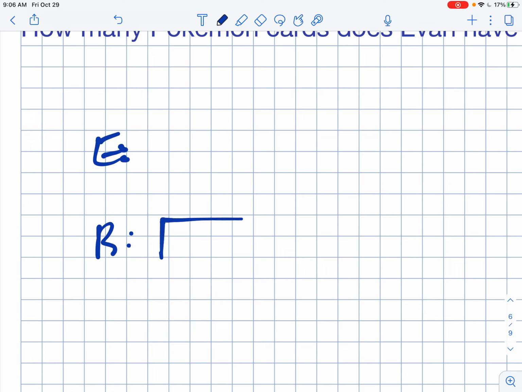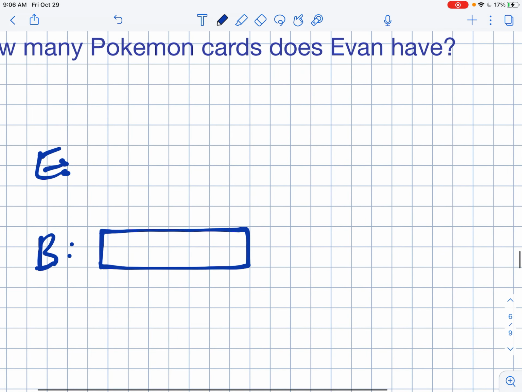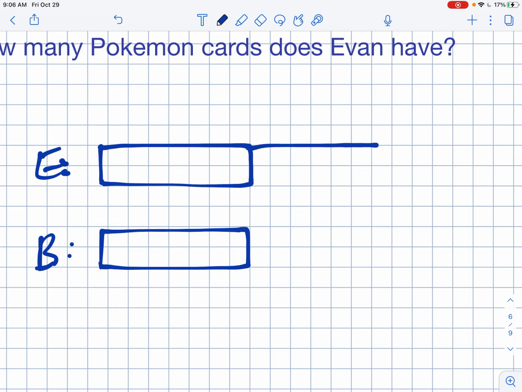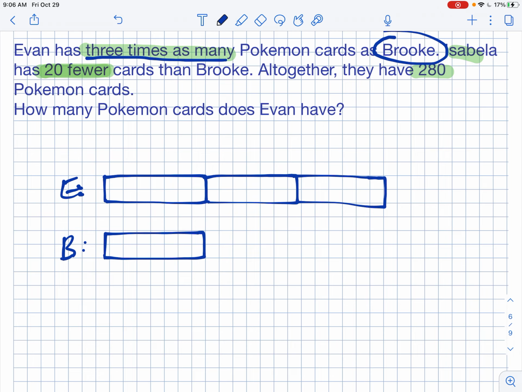And I'm going to give Brooke a block like that, okay? So since Evan has 3 times as many as Brooke, I can give Evan a similar block, but I'm going to make 3 of them because he has that block 3 times, right? So far, so good?